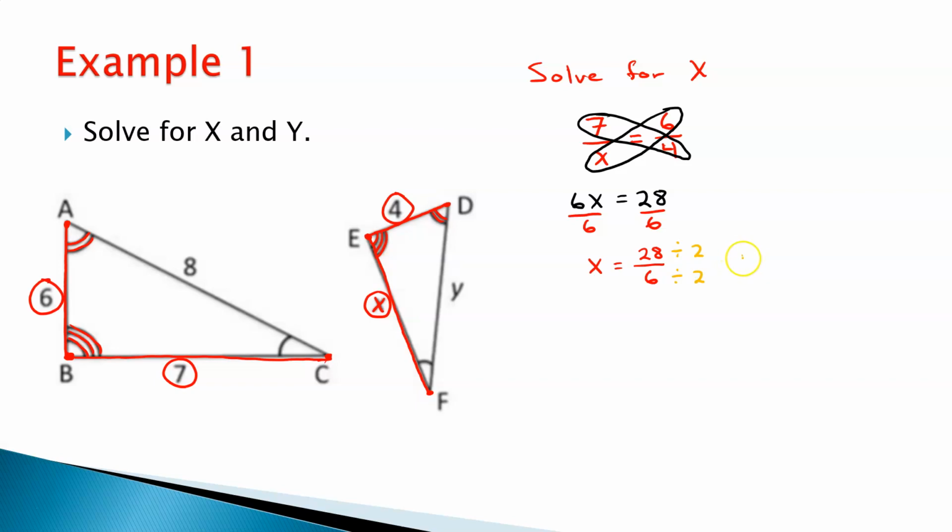All right, so what is that going to simplify to be? x is equal to 28 divided by 2, that's 14. 6 divided by 2 is 3. So there we have it. x is equal to 14 over 3. Or if you really wanted to give me the decimal, it would be 4.66, and it goes on for a while. I would prefer the simplified fraction.